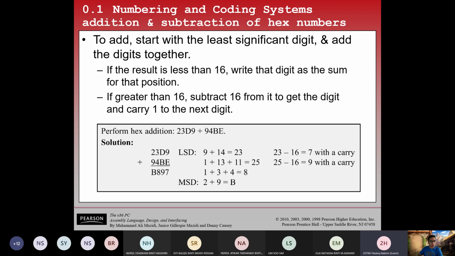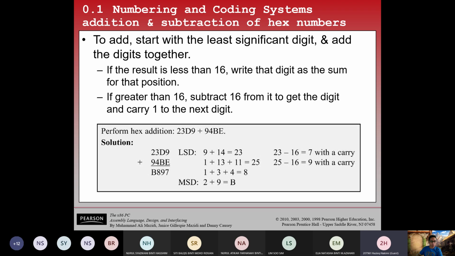Then you have D plus 1, D and E, so it becomes E, and then plus B. So what do you have? You need to convert that into the numbering. D becomes 13, and B is 11, and then you plus 1, so 14.